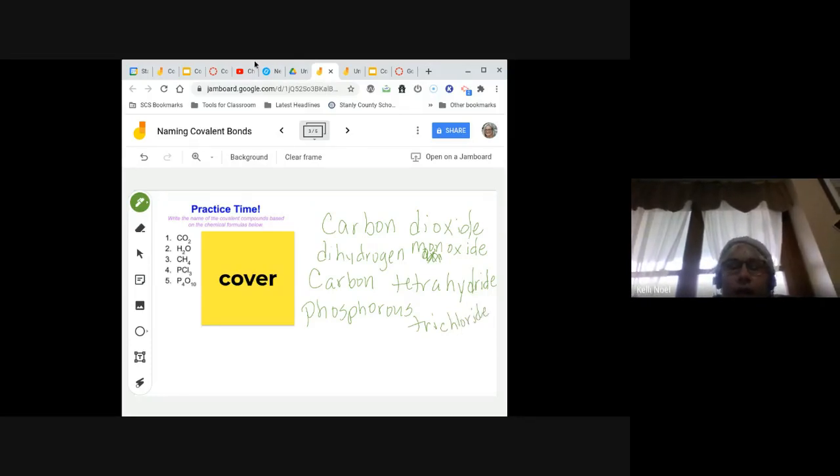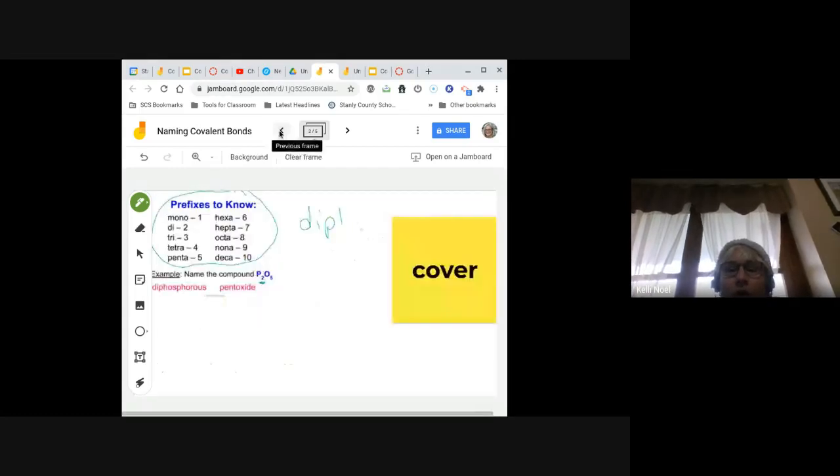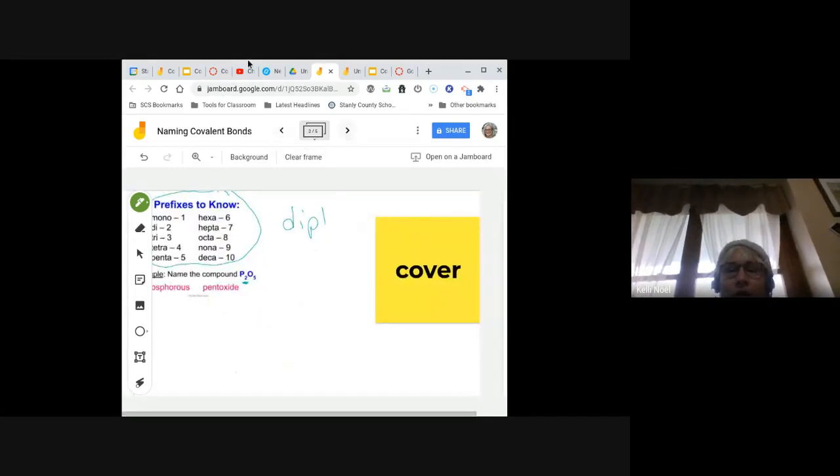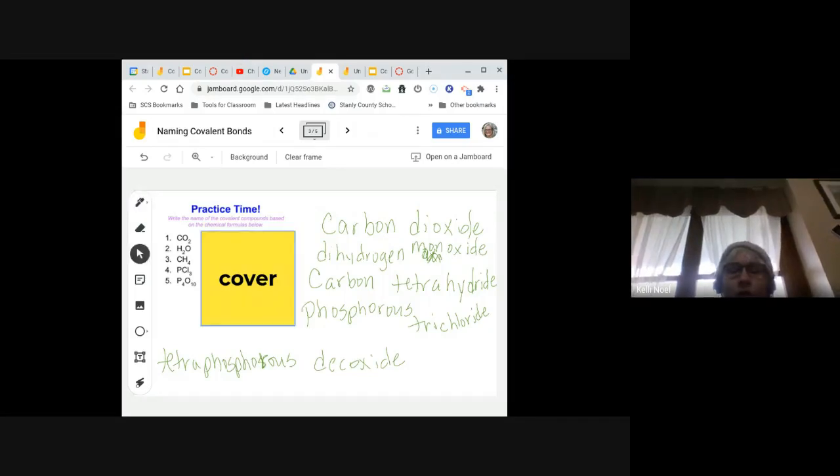And then the last one we have tetraphosphorus. And then 10, if we go back and look, 10 is deca. And so we're going to do decoxide. We drop that A. All right, so let's see if I did them right.